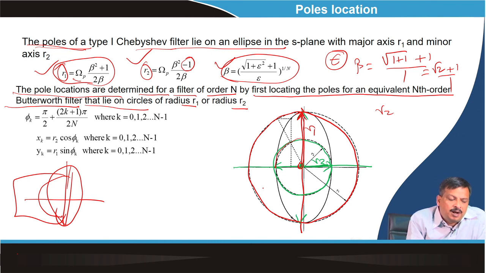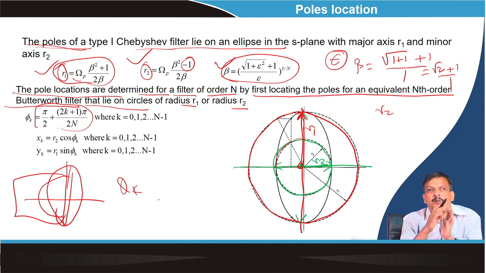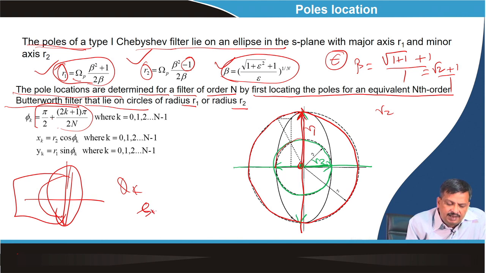Okay. So, let phi k be equal to pi by 2 plus (2k plus 1) pi divided by 2n. So, phi k is the angle. If you see the Butterworth filter, e to the power s k is equal to e to the power j pi by 2n into (2k plus n minus 1). What is the meaning?